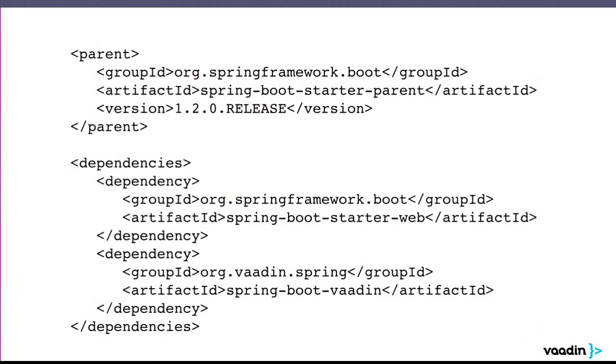So what this actually means is that we have a specially crafted Spring Boot Vaadin starter, which will set you up with all the dependencies just the way you need them. It'll set up all the Spring dependencies as well as the Vaadin related dependencies, and it also includes the add-on just to integrate these 2 technologies. So out of this, what should be interesting is that we will use the Spring Boot starter for web as the one dependency, and another artifact called Spring Boot Vaadin for the actual Vaadin integration.